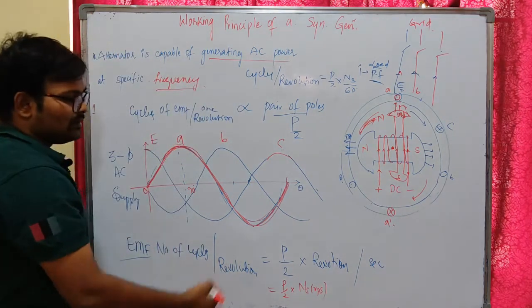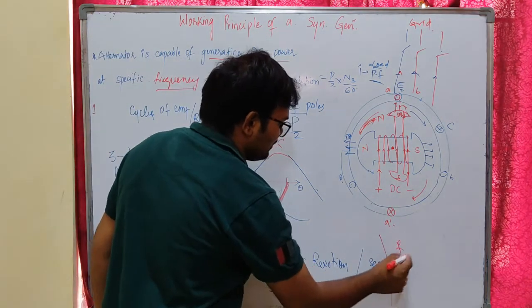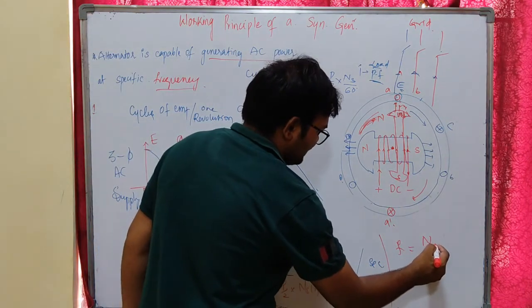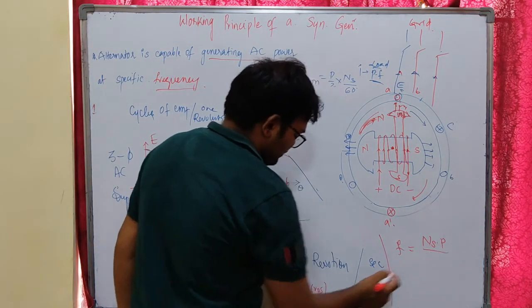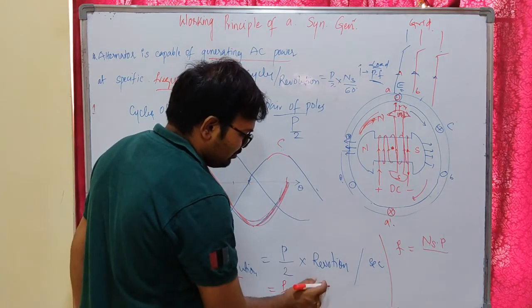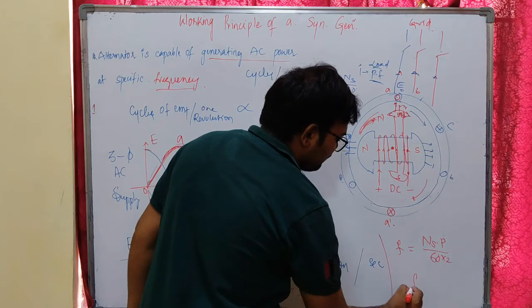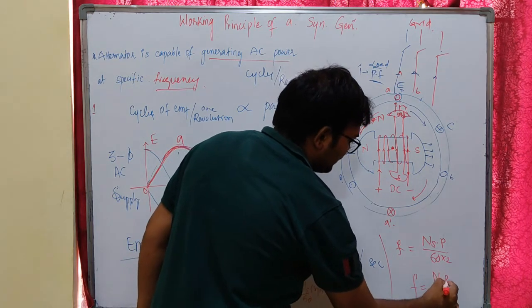If we convert this speed into RPM, the cycles per second is nothing but the frequency, that will become Ns into P by 2 into 1 by 60. That will be 60 into 2, so frequency F equals Ns into P by 120.